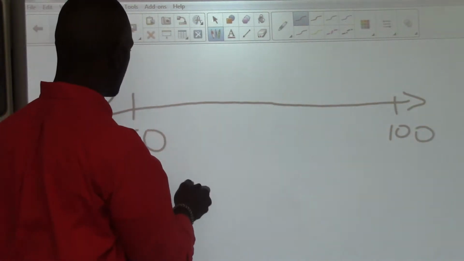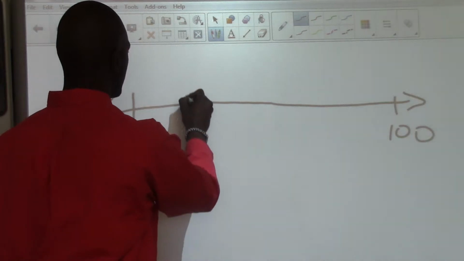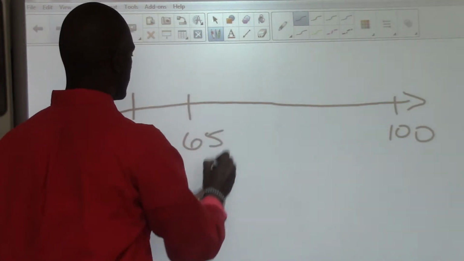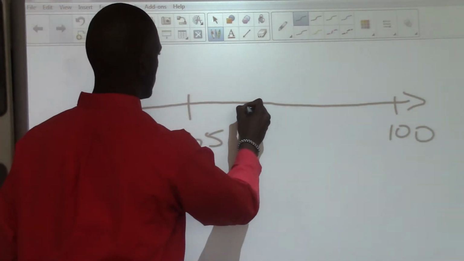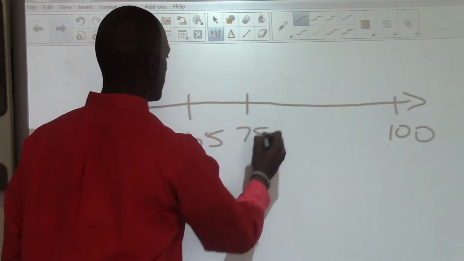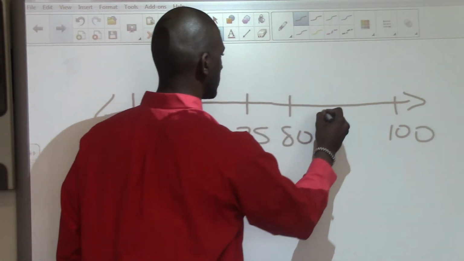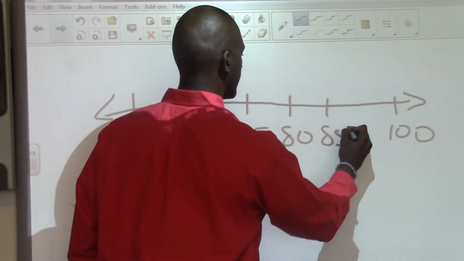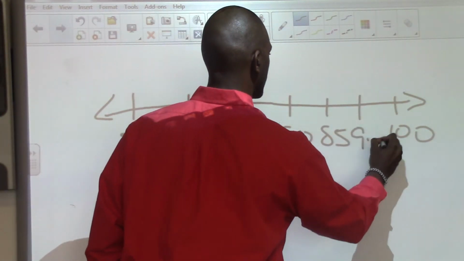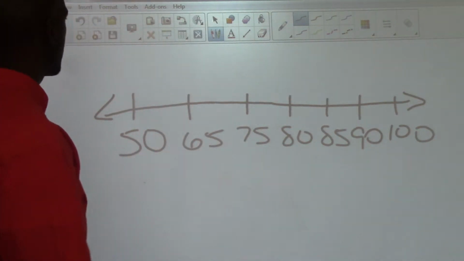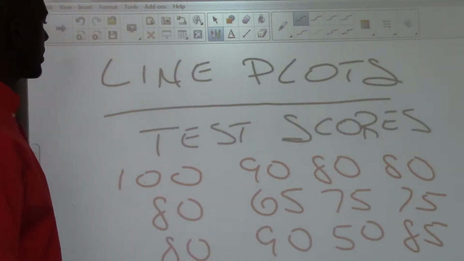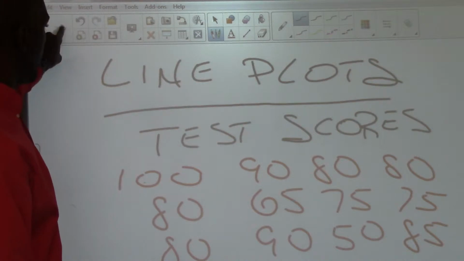So starting from least to greatest, we have a 50, a 65, 75, 80, 85, and 90. All of the test scores that were made on the test should be represented on the line plot.